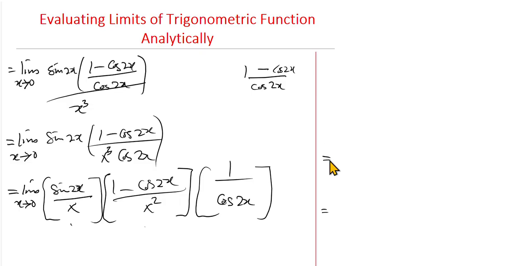And the first one, we are going to have the limit as x approaches 0 of sine 2x all over x. So all we have to do is convert this to the proper standard form, and that will be it.